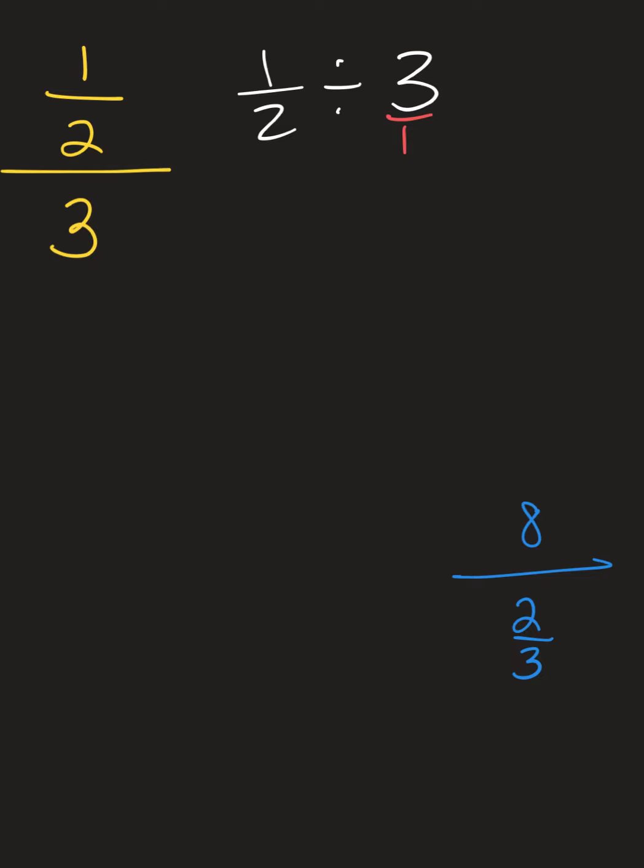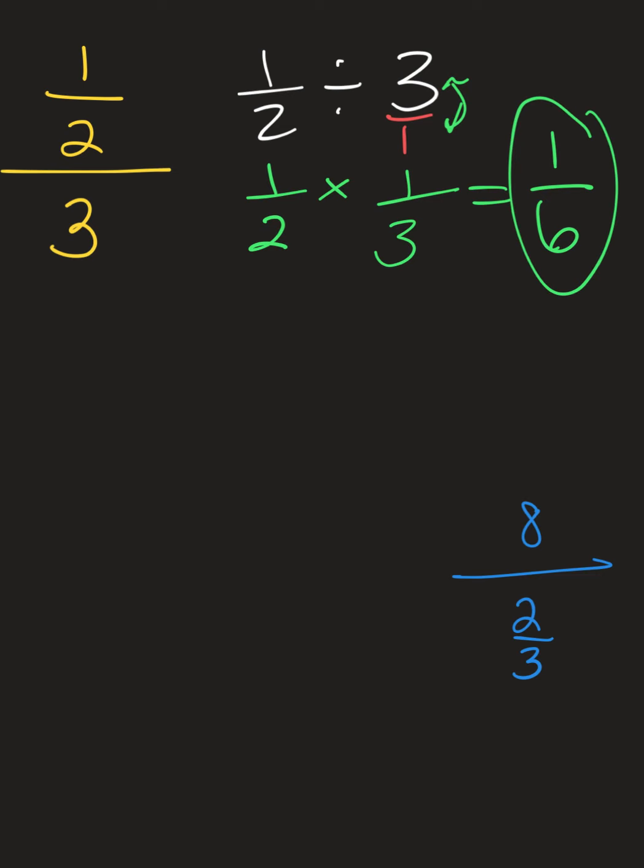If you recall, anything can be divided by 1 and keep the same value, so we want to make sure that we use that as our denominator if I need to place 1 in there. So I'm going to keep the first term, change that to multiplication, and flip the last one to 1/3. And then I'm simply going to multiply across. 1 times 1, of course, is 1, and 2 times 3 is 6, giving us 1/6 as our answer.